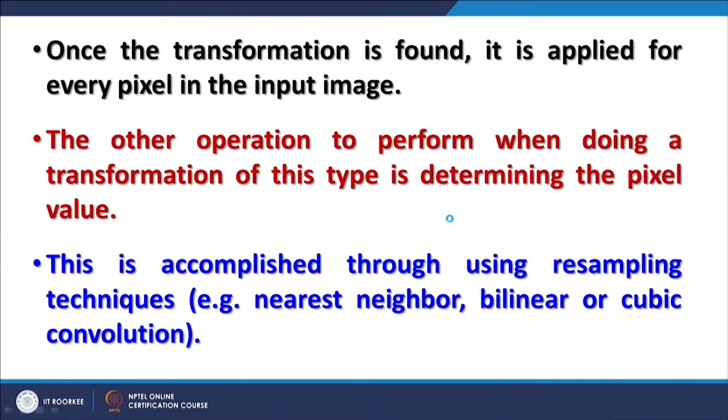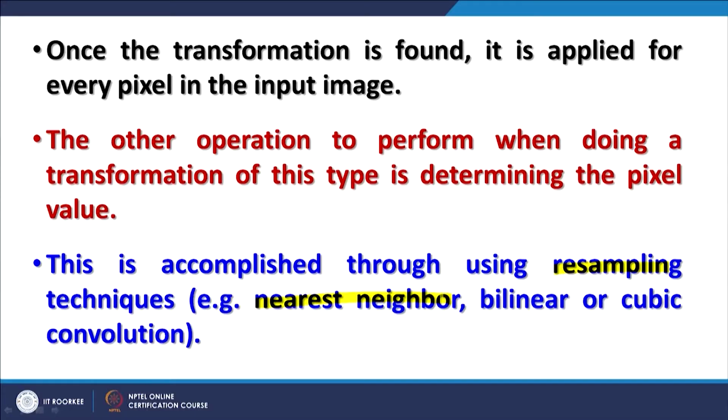So first is the registration, second is the transformation, that means which pixel will go where, and third is what the value of the target pixel would be, and that is achieved by doing resampling. And there are 3 techniques so far, and the simplest one is the nearest neighbor technique. We will be seeing details also.